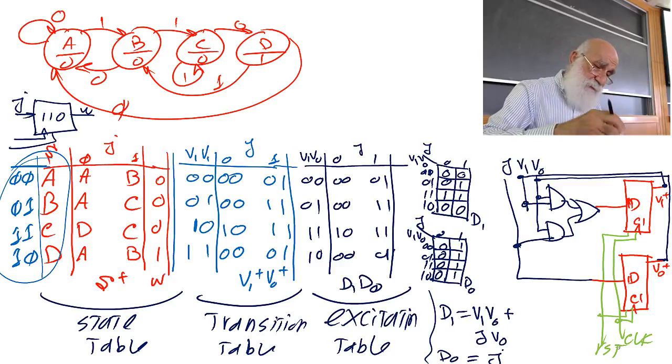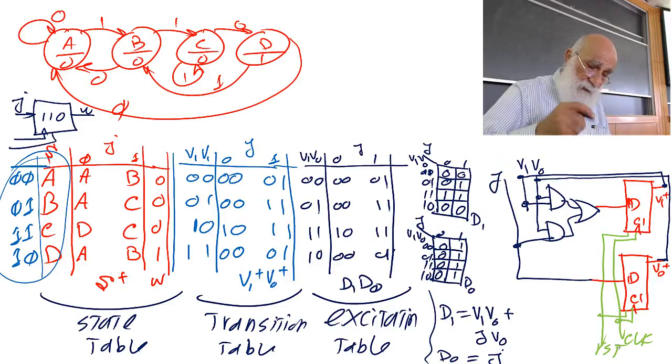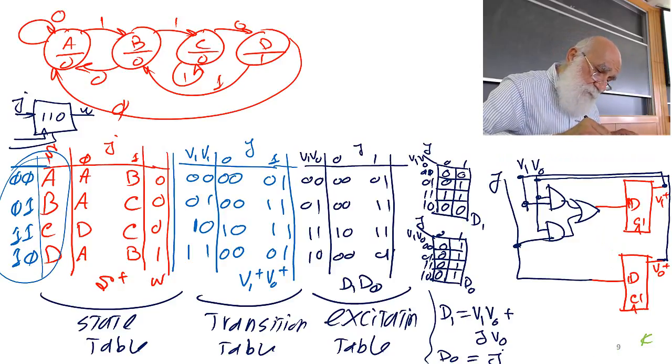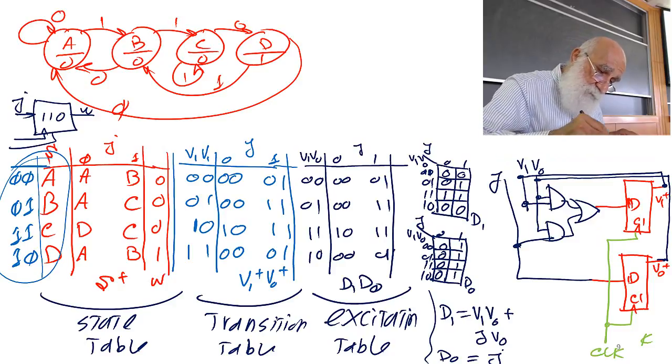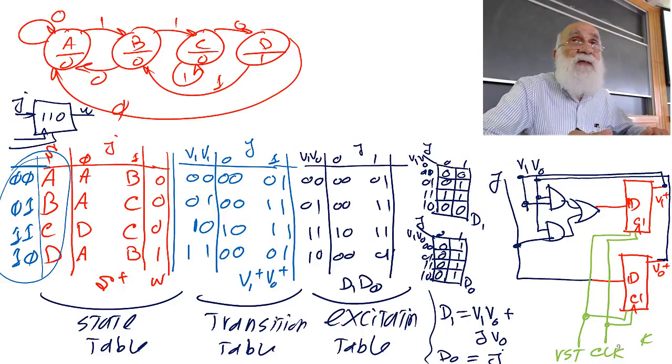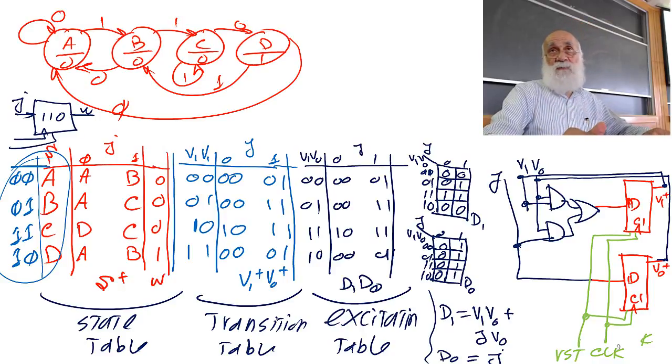This is your J input, and those are your clock and reset. And this is the 110 sequence detector.